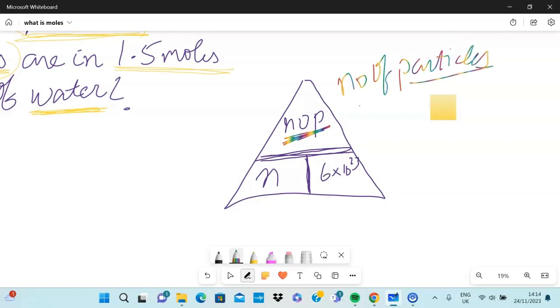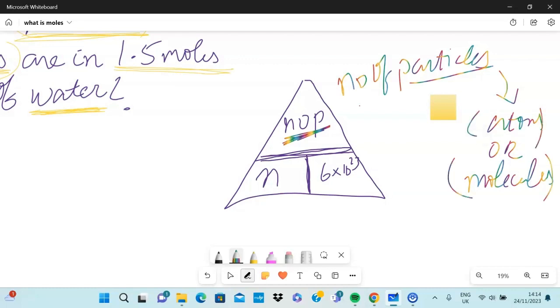The reason why I'm saying particles is because it could be atoms or molecules. Different types of substances, we call them atoms or molecules, just as I said before. This stands for moles, that is the universal sign. For moles, that is n, and this is your Avogadro's number.